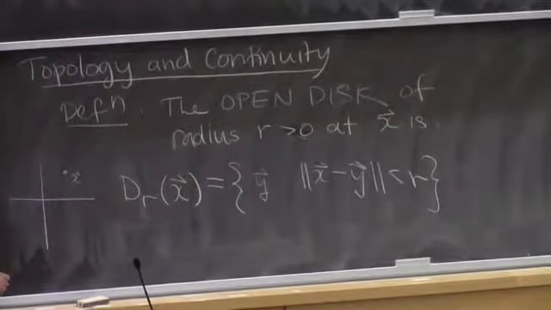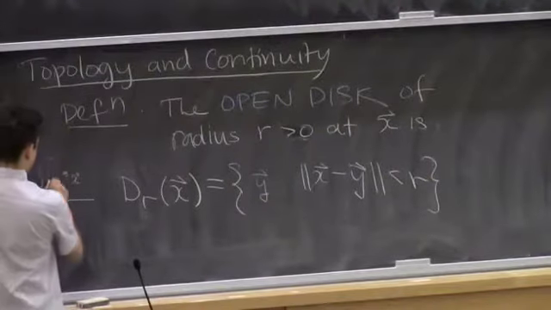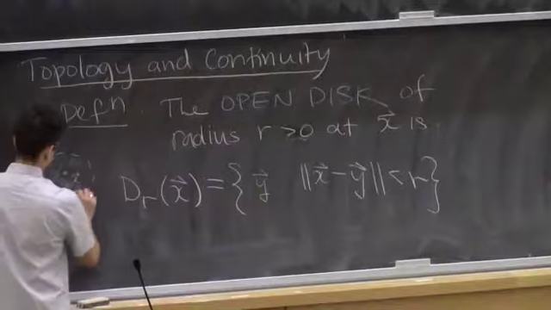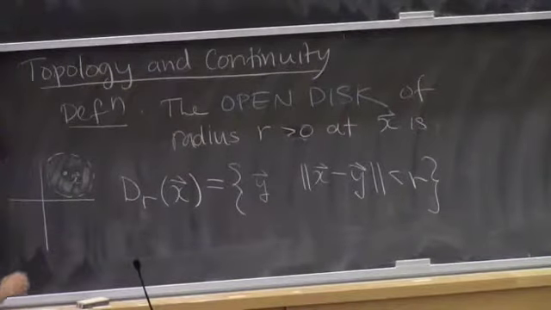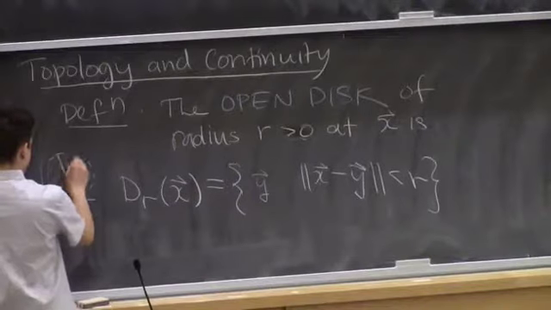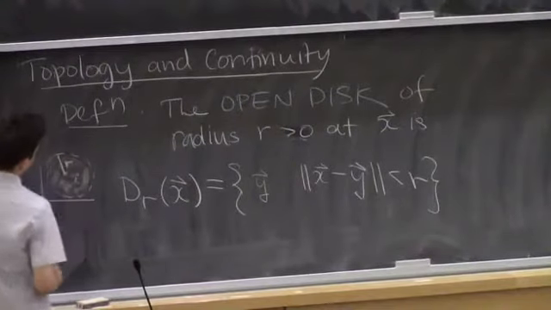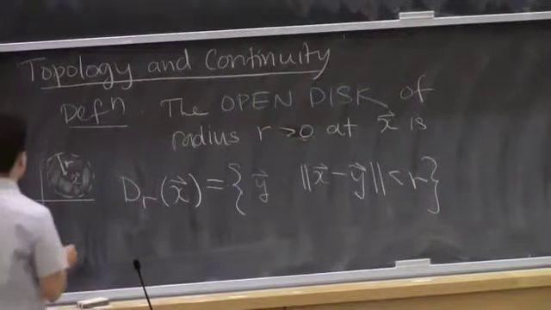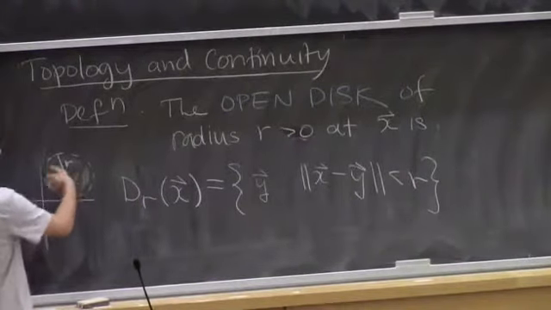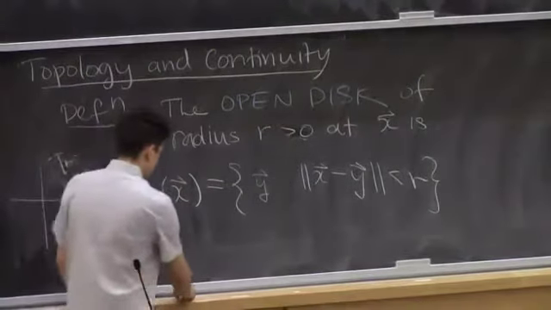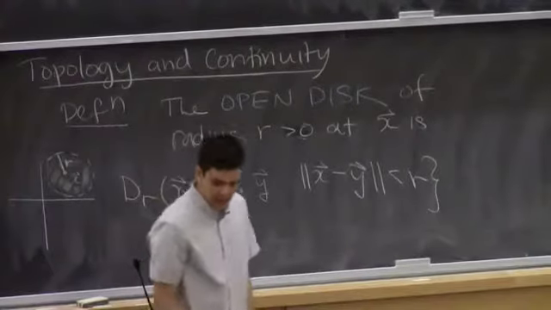If we've got the point x here, then this guy is D_r(x). It's important to note that the boundary is not included. This set of points where the distance is equal to r is not included in the set. So that's the open disk.